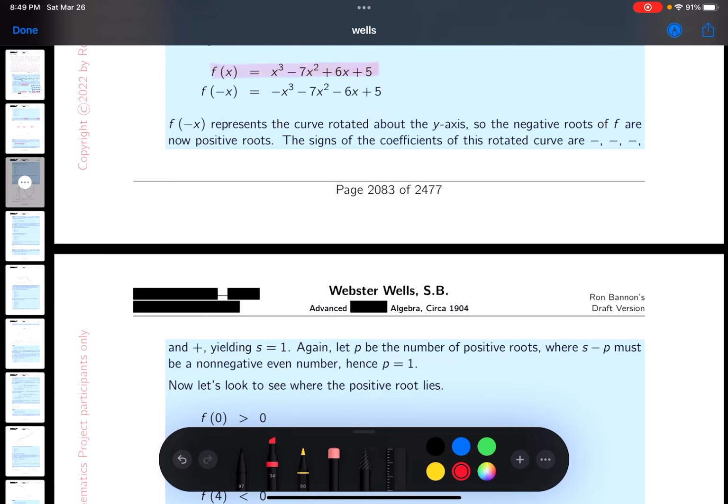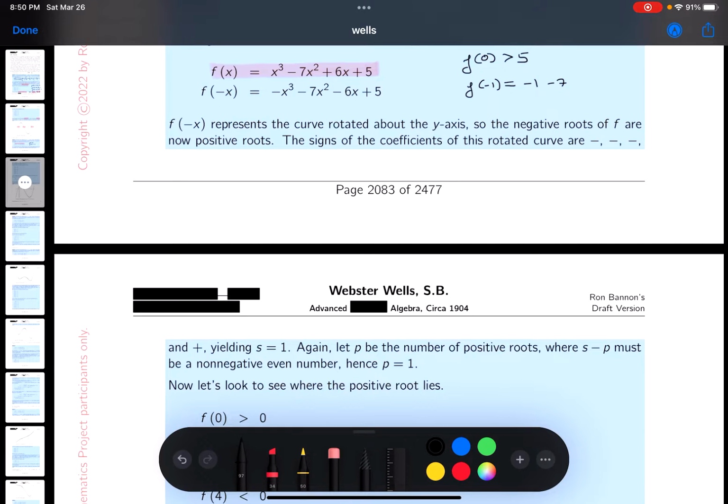So, not that I have to do much computation here, but for me it is computation. F of 0, that's definitely positive. It's actually 5, by the way. And then, if you did f of minus 1, well, it's more complicated, but you're going to get minus 1, minus 7.